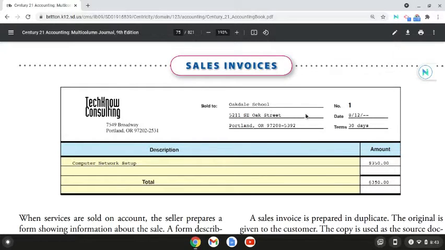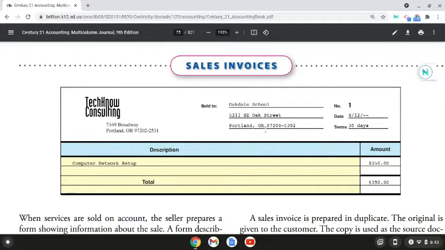And this is showing us the address as well and where they're located. And this is sales invoice number 1. It shows us the date, which is August 12th of the current year, and the term is 30 days.